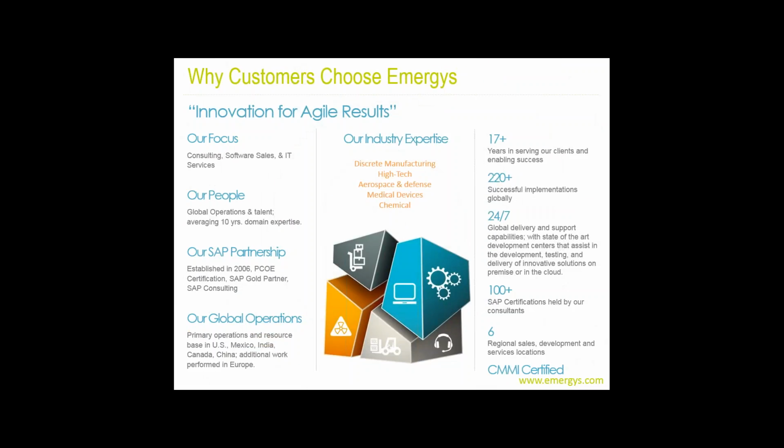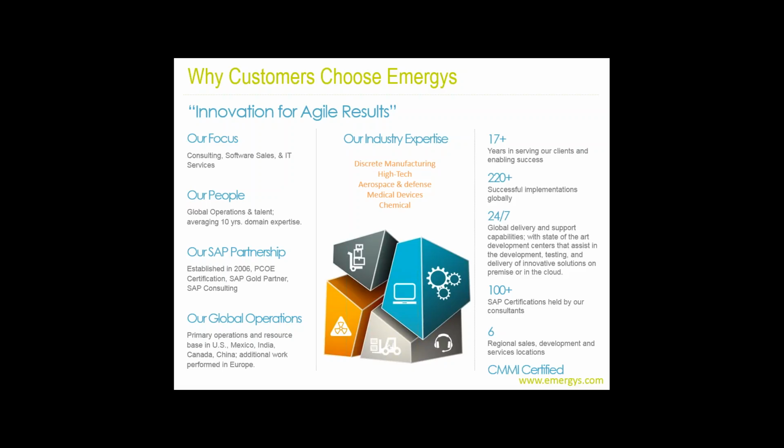And then from an Emergis perspective, why we see customers choosing us is our experience. Even though we do have some younger people in the crew, they're always staffed along with experts. So our average experience is about, and we used to have that on here, so there you go, about 10 years domain expertise on the left there.